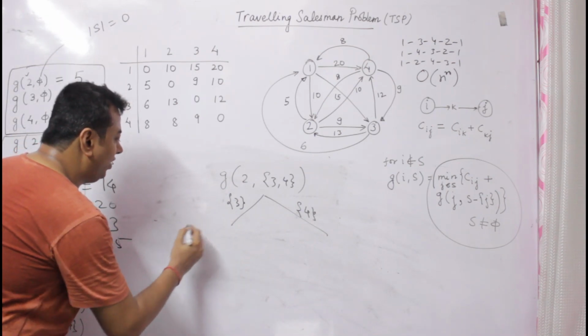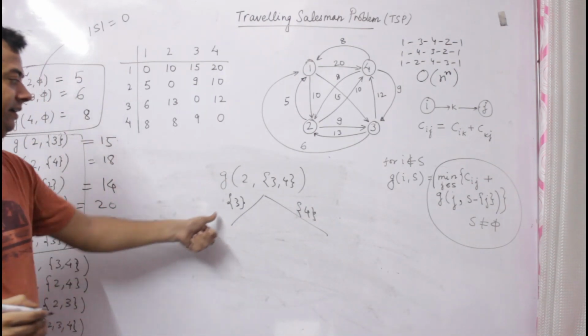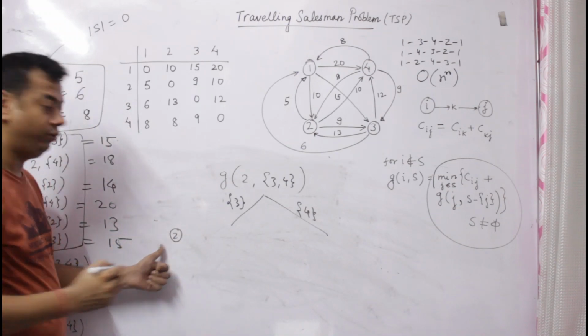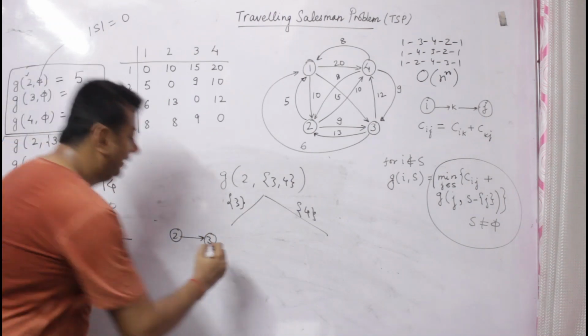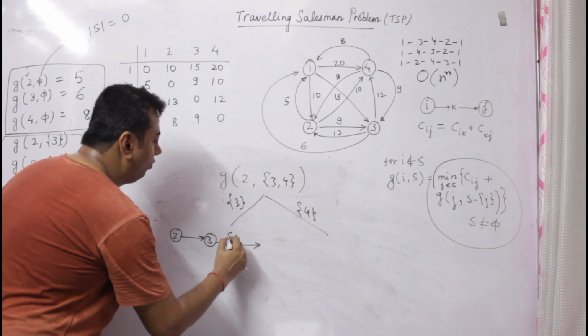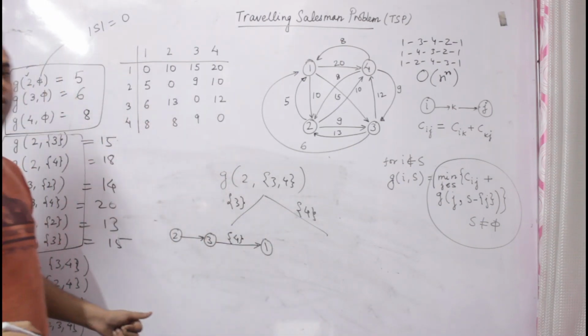If we select 3 first, you are at node 2, you go to node 3 and then via node 4 to node 1.